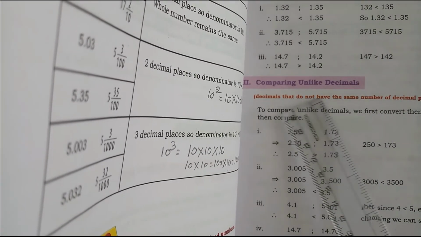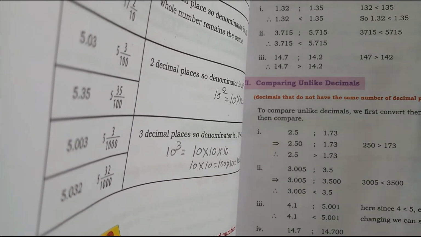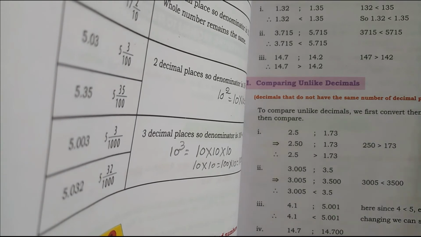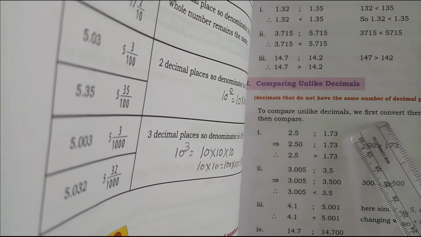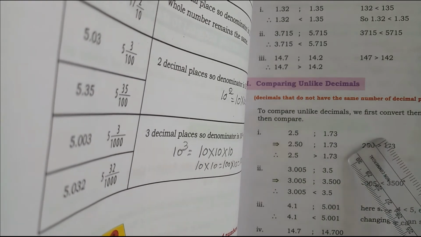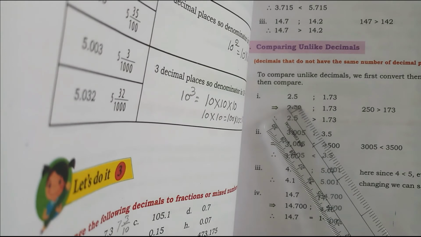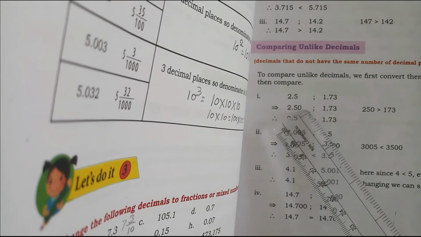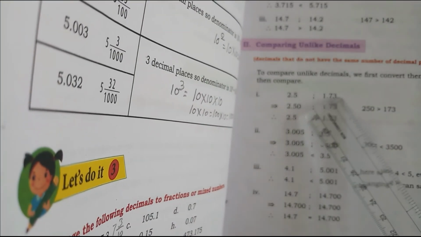Now comparing unlike decimals, that means decimals that do not have the same number of decimal places. To compare unlike decimals, first we convert them into like decimals and then compare. For example, one number is 2.5 and the other is 1.73.